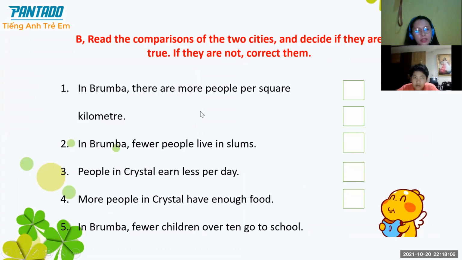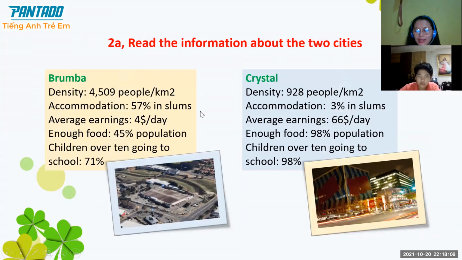Or do you need to look at that again, or no need? I'll give you time to review the two comparisons before I let you answer. Just tell me if you're ready.